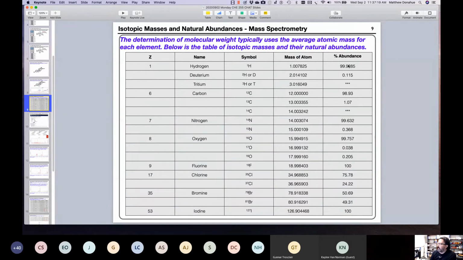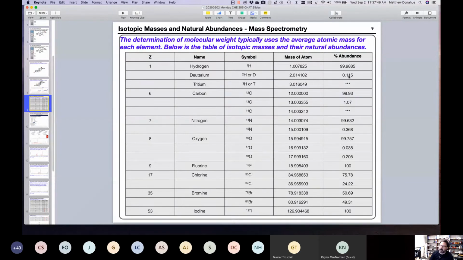And so this abundance is telling you for the hydrogen atom, just H, it is 99.9885% abundant on Earth. The next isotope of hydrogen is called deuterium. So it either has the symbol 2H or D, and notice its mass goes up by 1.